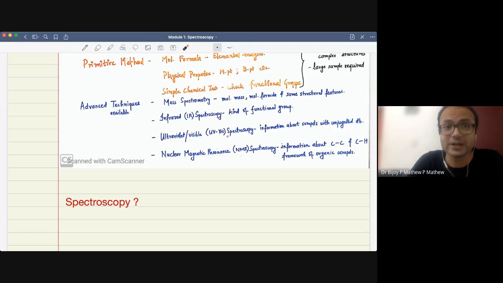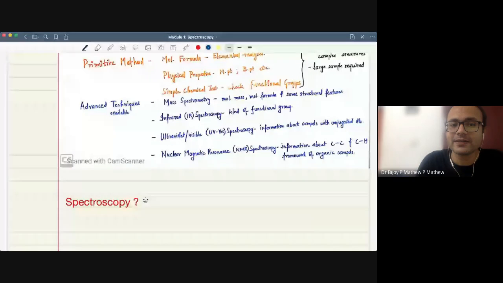Very good. So basically, spectroscopy is a technique where we study what? The interaction. Okay. Basically, spectroscopy is the study of interaction of electromagnetic radiation with matter.